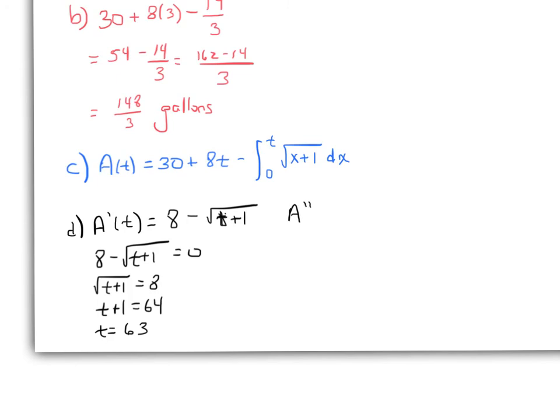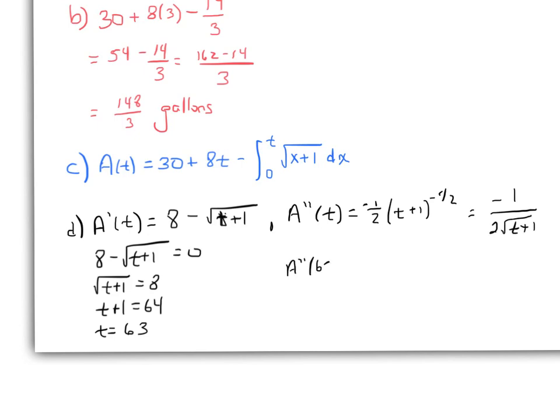So our second derivative, the derivative of 8 is 0. And we're going to get negative 1/2 (t plus 1) to the negative 1/2, or negative 1 over 2 radical t plus 1.